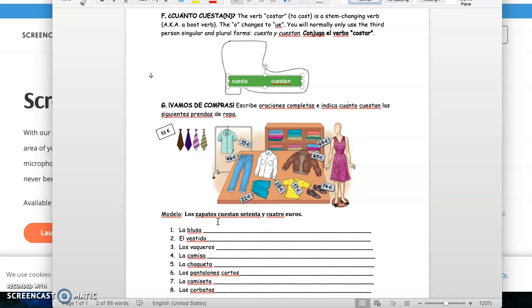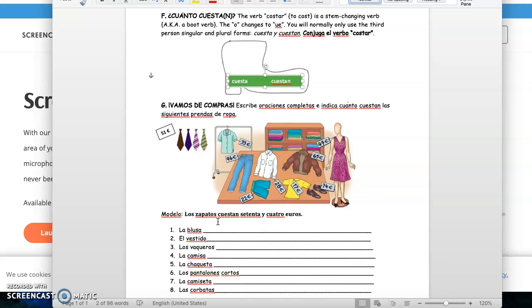We're using the verb cuestan in this sample because zapatos are in the plural form. But imagine if you were buying just one shoe. I'm not sure why you would, but imagine you were. You would say, el zapato cuesta. It would then be cuesta and not cuestan because one shoe is singular.